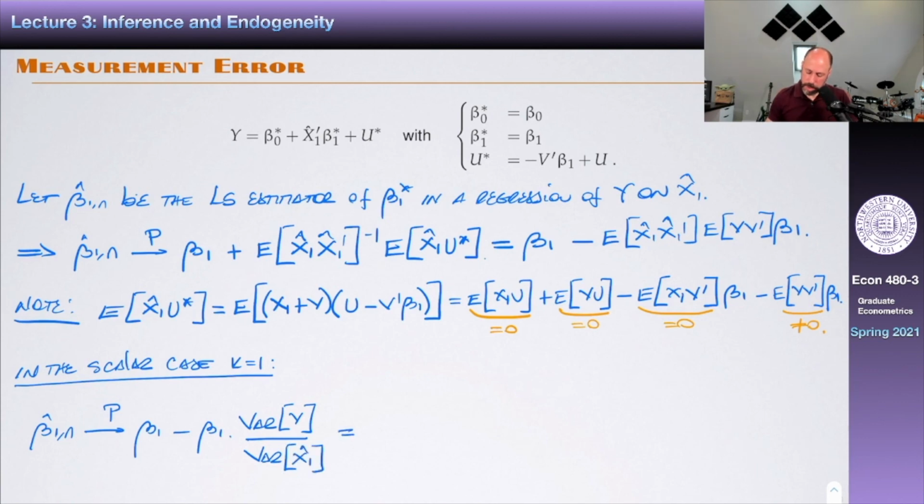You can write this as beta 1 times 1 minus the variance of b divided by the variance of x hat 1.